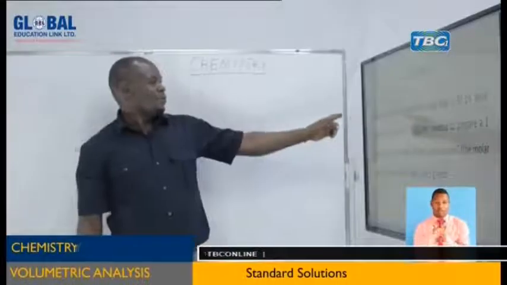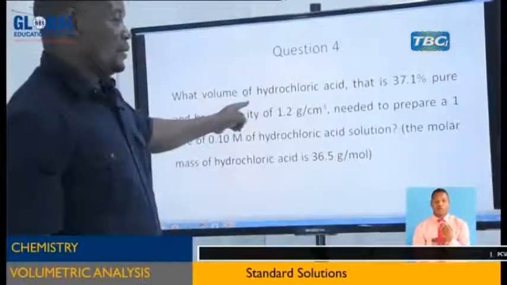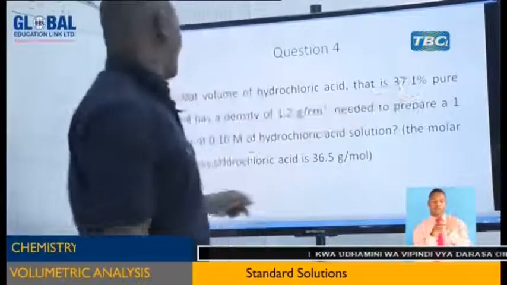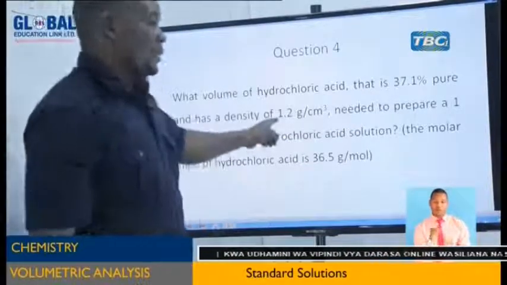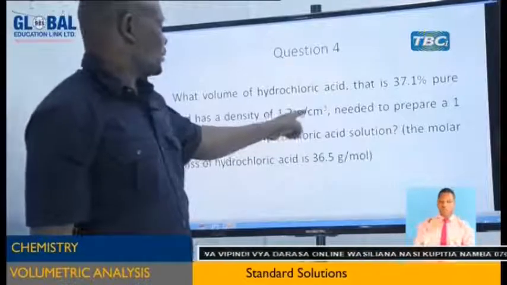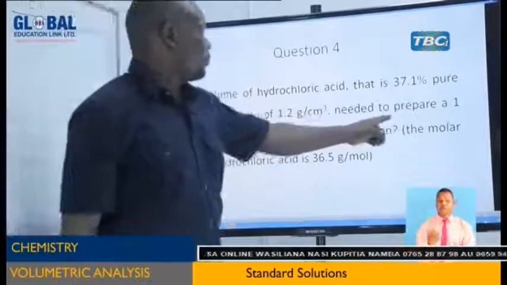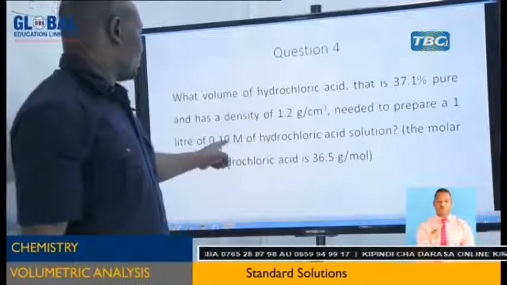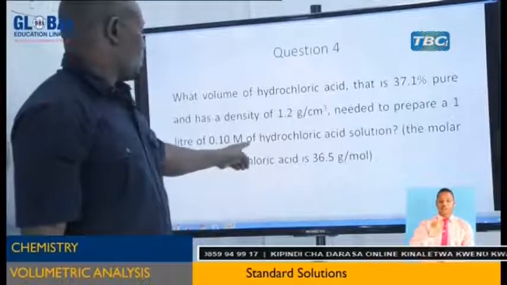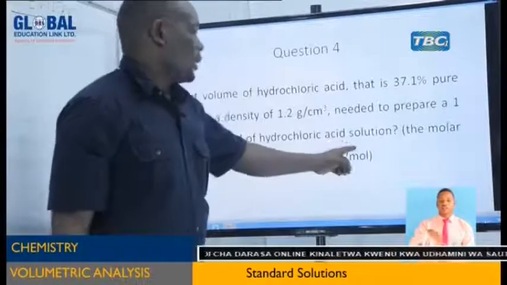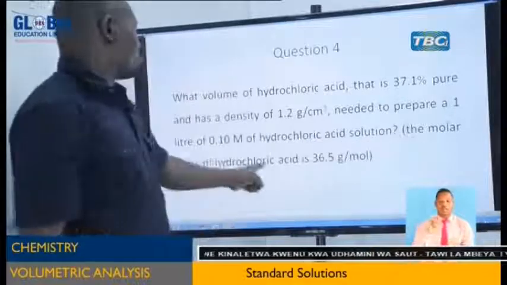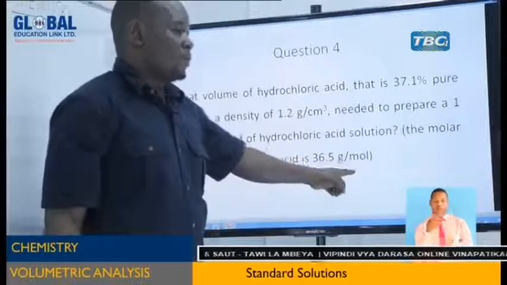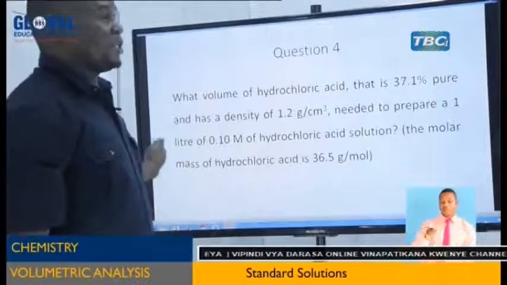The question is: what volume of hydrochloric acid, 37.1% pure with a density of 1.2 grams per cubic centimeter, is needed to prepare 1 liter of 0.10 molar hydrochloric acid solution, given the molar mass of hydrochloric acid is 36.5 grams per mole? That is an assignment question for you.